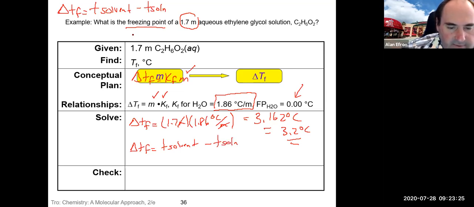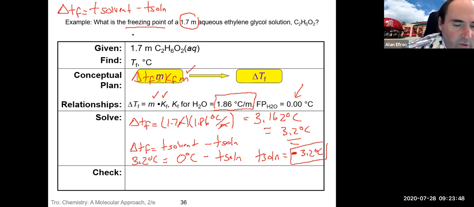If we rearrange and solve for it, the temperature of the solution is not 3.2 degrees Celsius, it's actually minus 3.2 degrees Celsius. And that would be the answer.